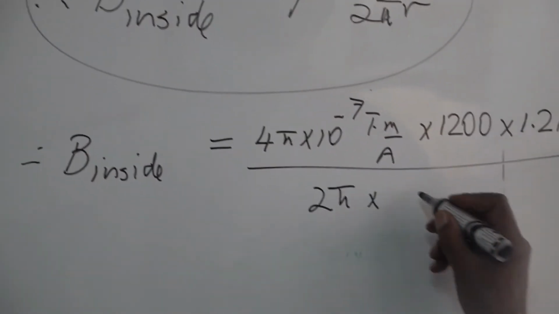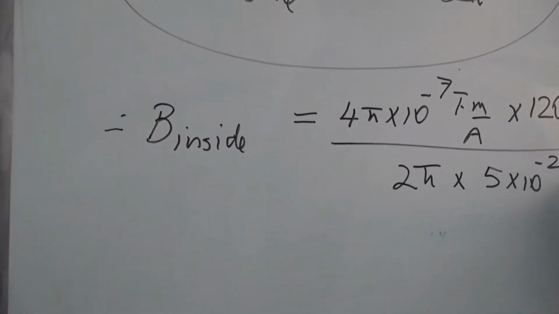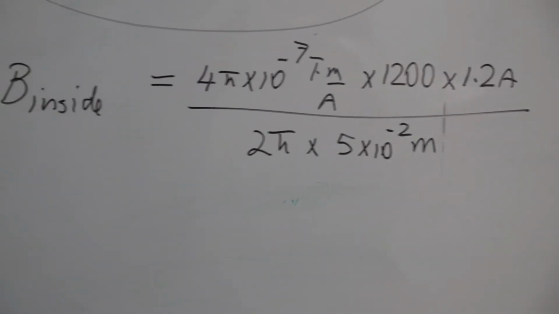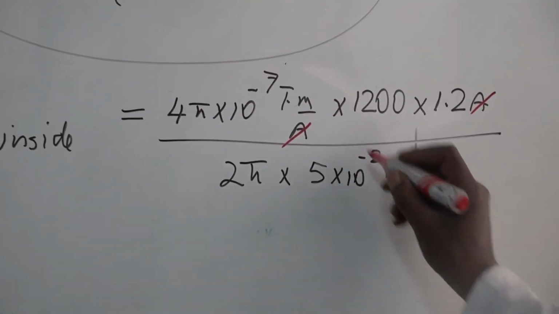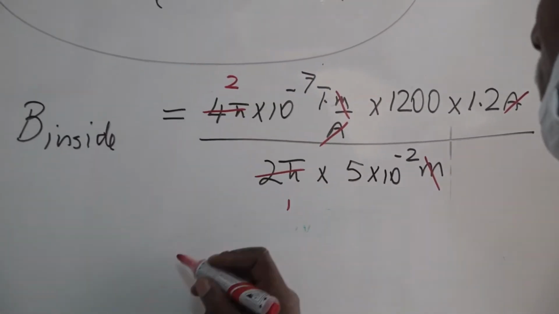The radius is 5 centimeters. Centi is 10 to the power of minus 2, so we easily change it into an SI unit. So how much is this result? I don't think it's such a big deal. Ampere cancels ampere, meter cancels meter, and 2 pi cancels.